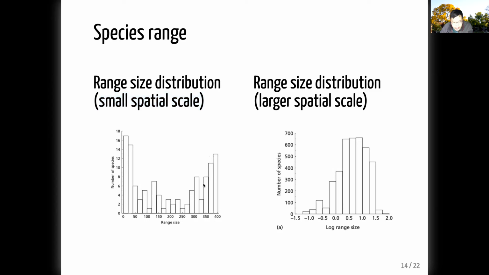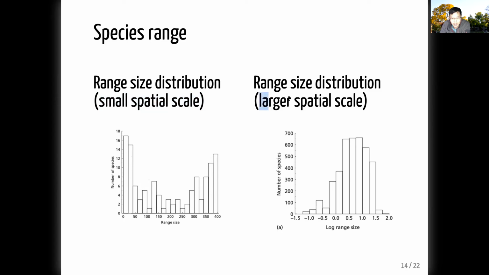The more common ones cover the whole small area, but the rare or small-range species are probably specialists, adapted to a particular environment. So it is quite interesting to have this bimodal distribution at small spatial scale.